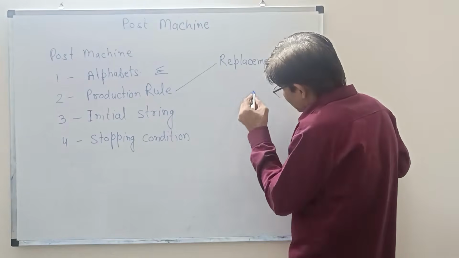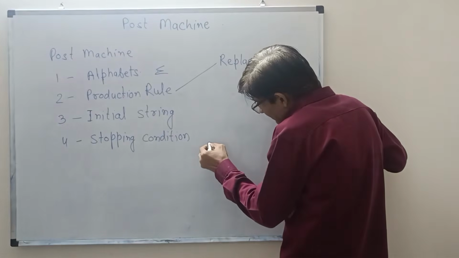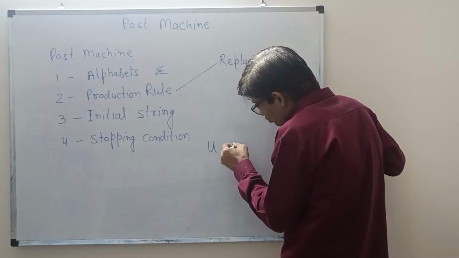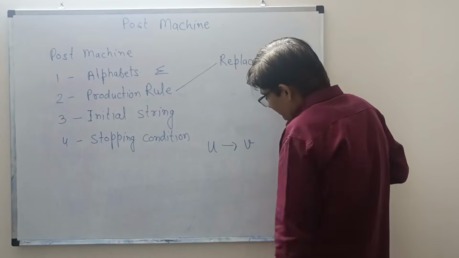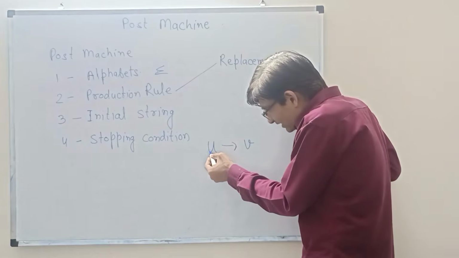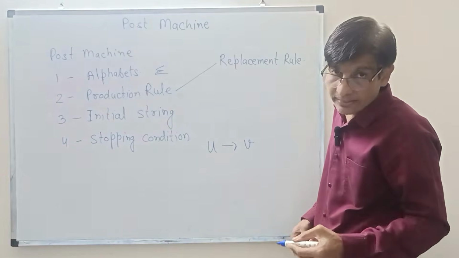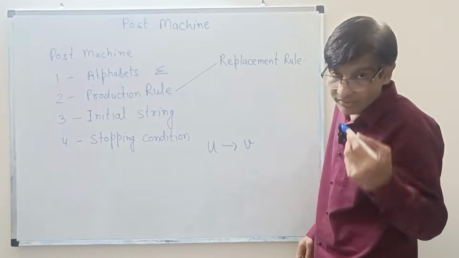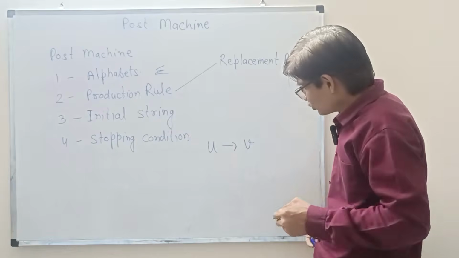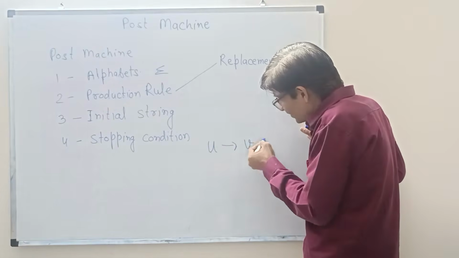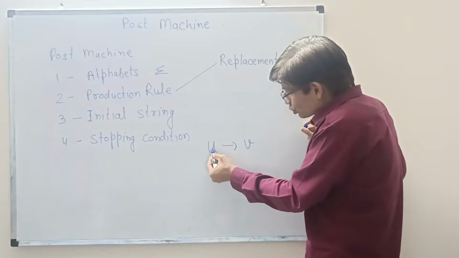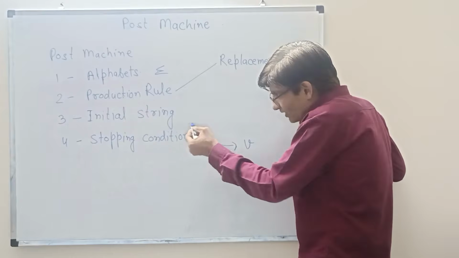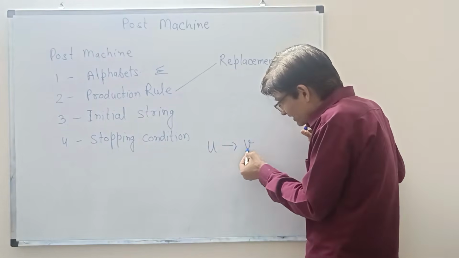In this particular rule, suppose you are replacing some alphabet U with V. If the left hand side of any production rule matches within the string, then it is replaced with the right hand side of that particular production. Now U and V, this is replacement rule. So if U is occurring within the string, then it will be replaced by V.